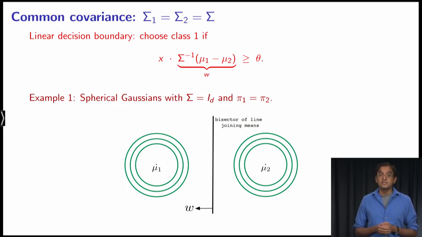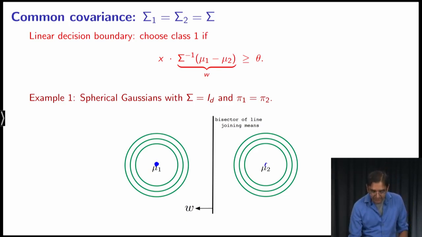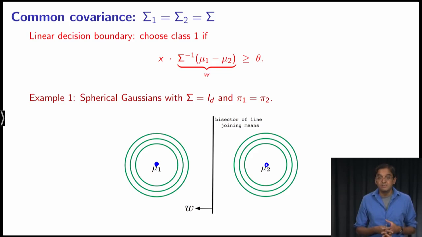Well, it's just the perpendicular bisector between the centers of the two classes, between the two Gaussian means. So the center of class 1 is mu sub 1, the center of class 2 is mu sub 2, and the perpendicular bisector between them is the decision boundary. And this is exactly what one would expect given the extreme symmetry of this case.